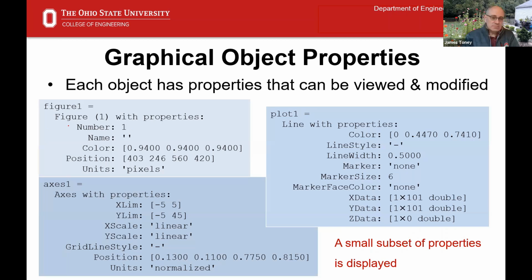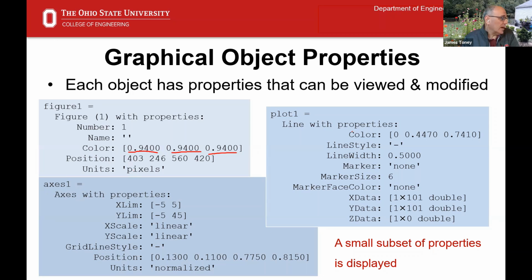So if you do figure1 equals figure, it'll give you this handle that shows you the properties of that figure. Or this is a small subset of the properties. There's actually many more, but these are kind of the most important ones. Like the background color. And again, you see red, green, and blue. In this case, they're all equal, so you're just getting a general grayish. The position, where on the screen is it? And so forth.